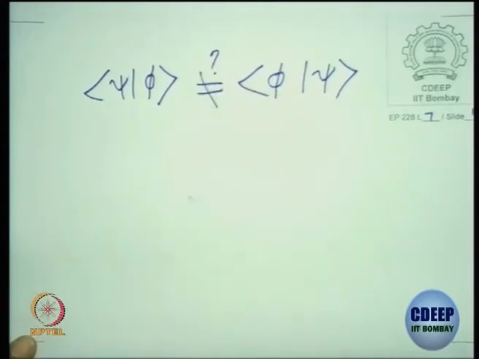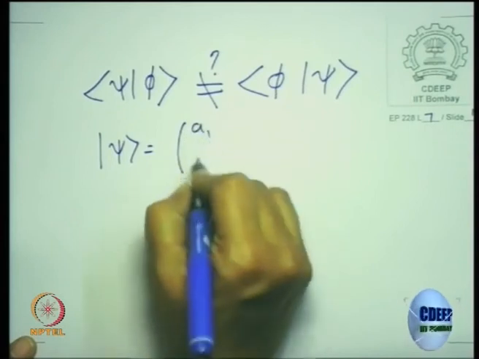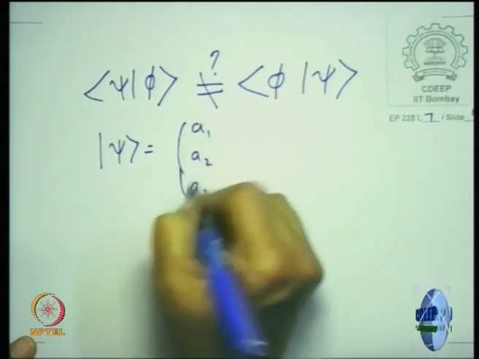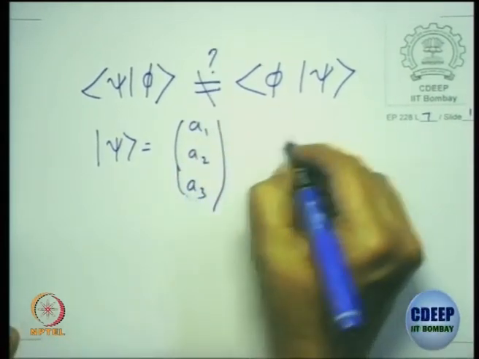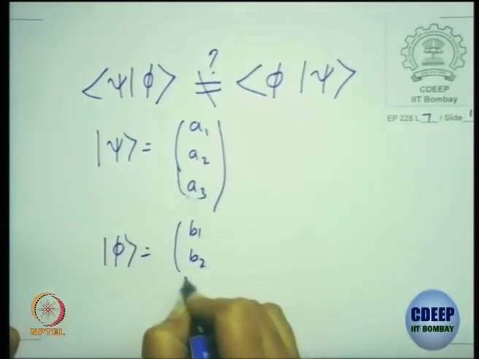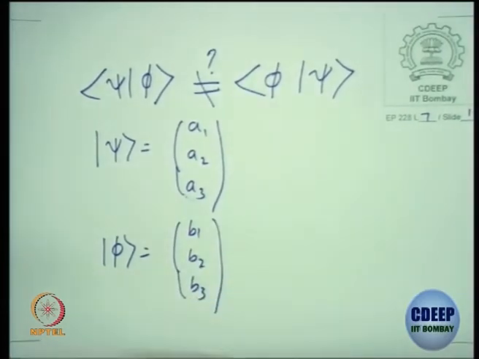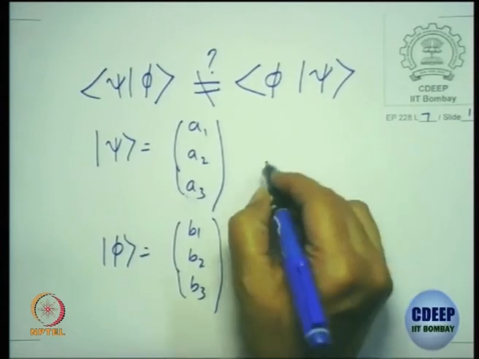No. So suppose I take psi to be, let's say, A1, A2, A3, which are complex, and we take phi to be B1, B2, B3, which are complex. What is psi phi?